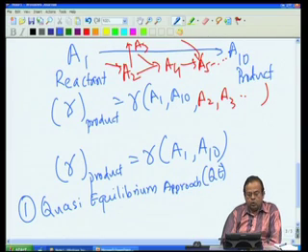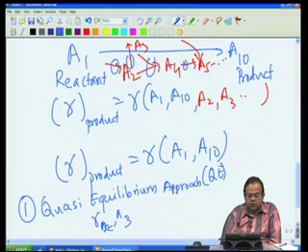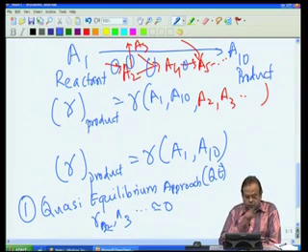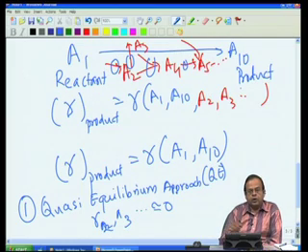In this approach, we say that all these reactions over here are at equilibrium. That means the rates of those reactions, reaction 2, reaction 3, whatever may be there, are all 0, and then we eliminate A2, A3 and so on. So, this is one approach.